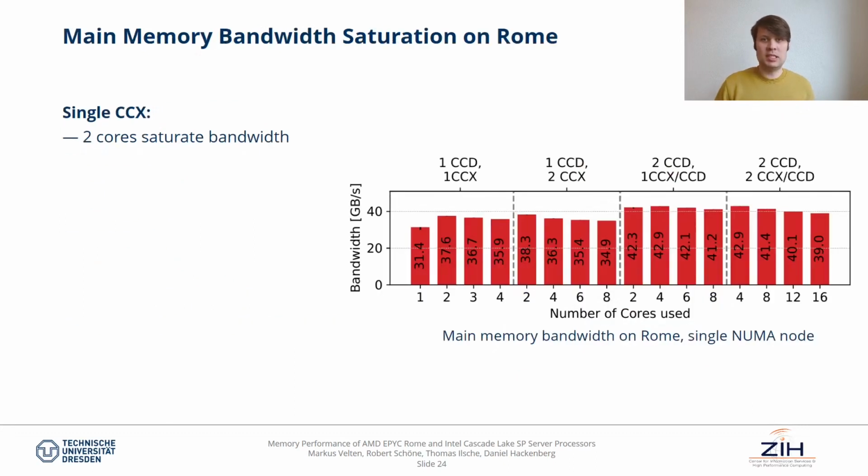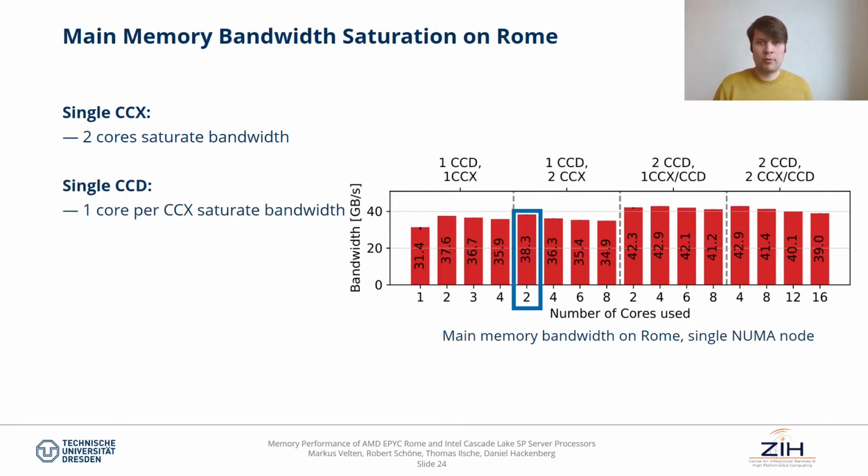We dug a bit deeper on the main memory saturation on Rome using the stream triad benchmark. We've seen on a single CCX that 2 cores can saturate the bandwidth with that benchmark. We've furthermore seen that using 1 core per CCX on a single CCD is enough to saturate the bandwidth for a single CCD.